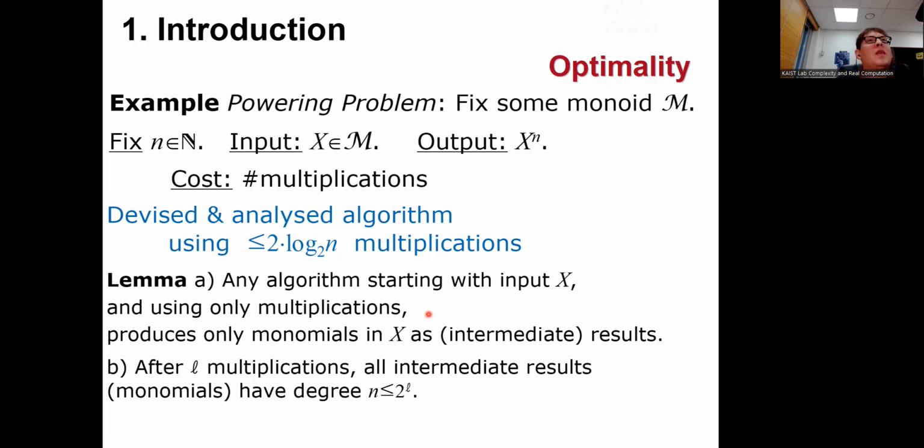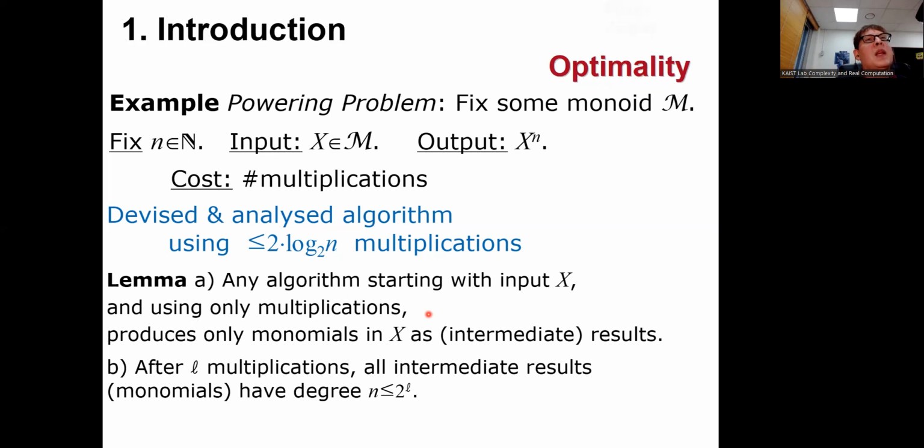And the second claim or observation is that after L multiplications, all intermediate results, which are monomials by item A, must have degree at most 2 to the L. That's again easy to see by mathematical induction.